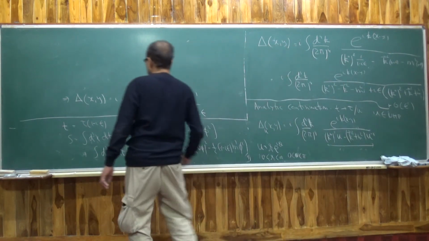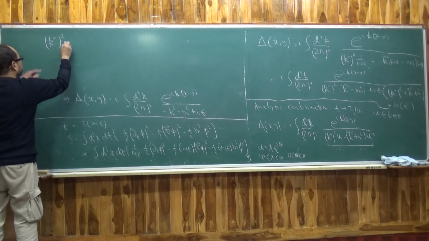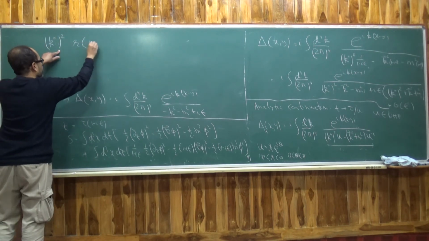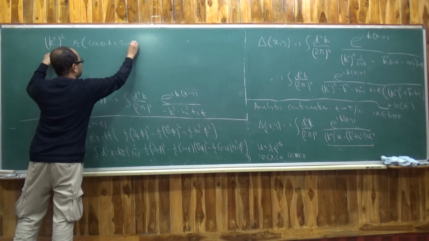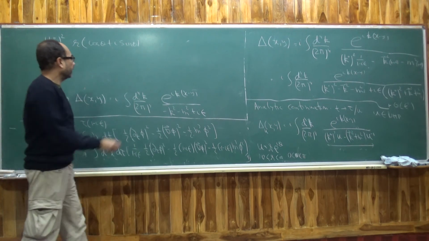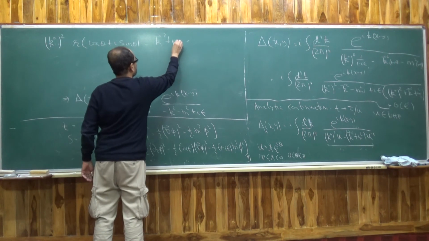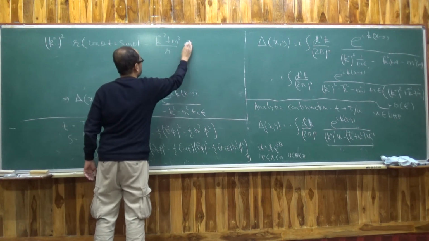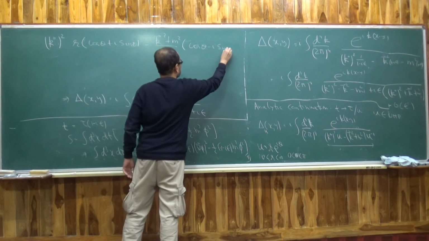So we get k0 square, u is r times cos theta plus i sin theta, minus k square plus m square divided by r times cos theta minus i sin theta.